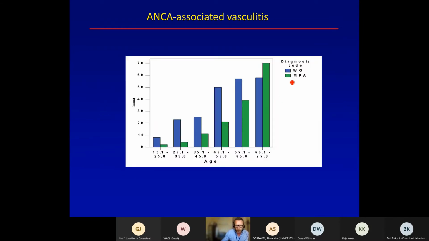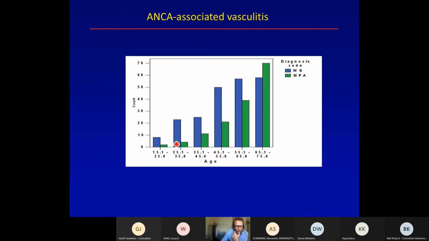As you can see here, you've got GPA in the blue bars, microscopic polyangiitis in the green bars, and as you get older, going from left to right, the incidence increases. It is important to note, however, that even down to ages of 15, GPA cases will still be seen, and we've certainly had a number of very young people with severe GPA coming through the intensive care units over the last few years.